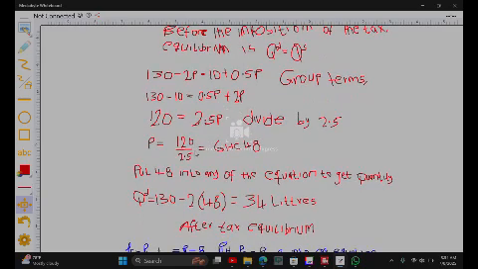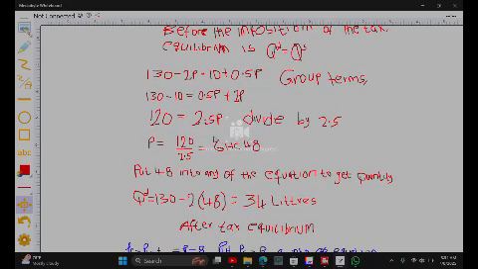So this is our price when the government did not impose any tax. So what is the quantity when the government did not impose any tax on fuel? This is what I said: put 48 Ghana cedis into any of the equations and we are going to get the equivalent quantity of fuel before the imposition of the tax.